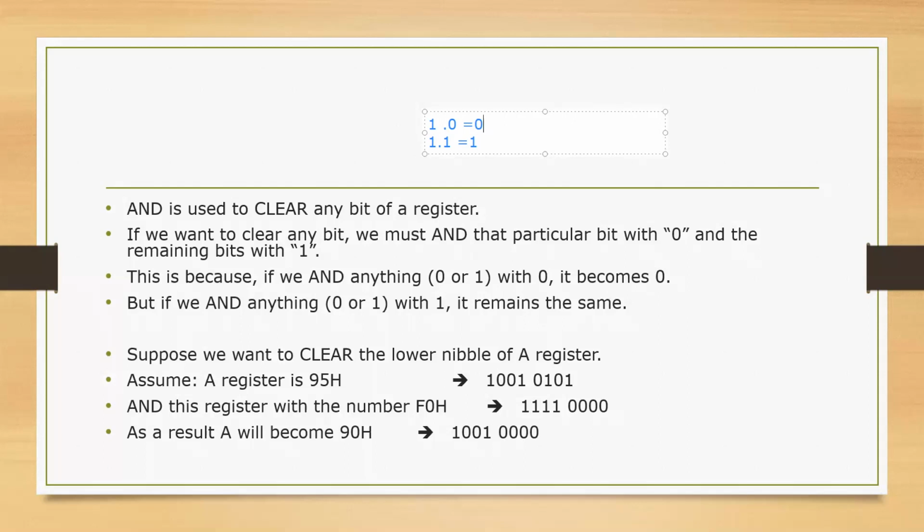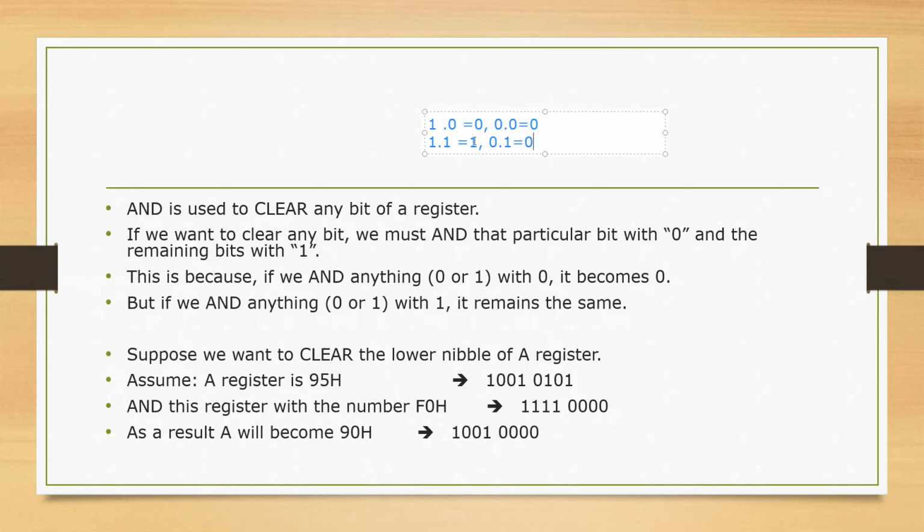So when you AND a particular bit with 0, you get the answer 0, or you can say 0 and 0 also gives the answer 0. But when you AND a particular bit with 1, that is 1 and 1, you get the answer 1, and 0 and 1, you get the answer 0.